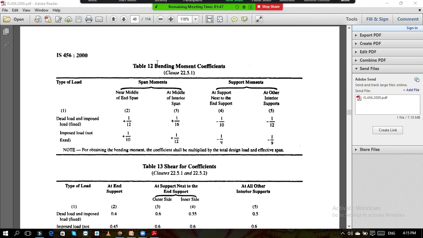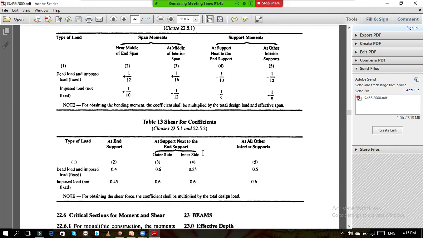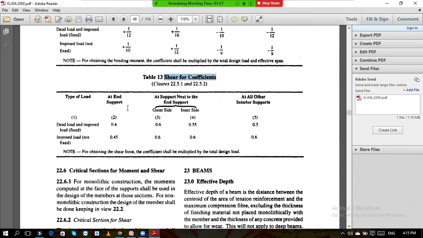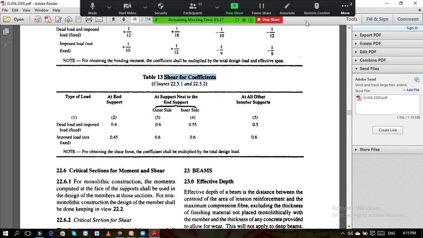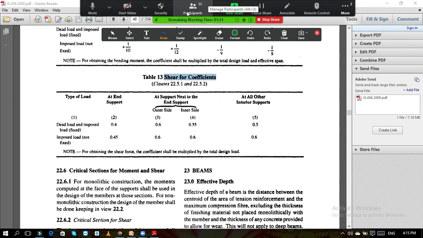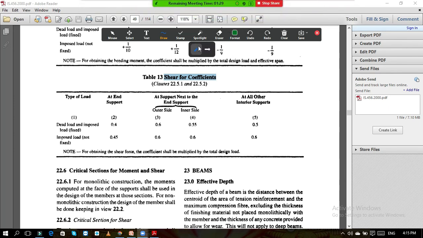Here you can see after bending moment, shear force. The table given over here again gives the coefficients. So these coefficients we are going to use to calculate the shear force.